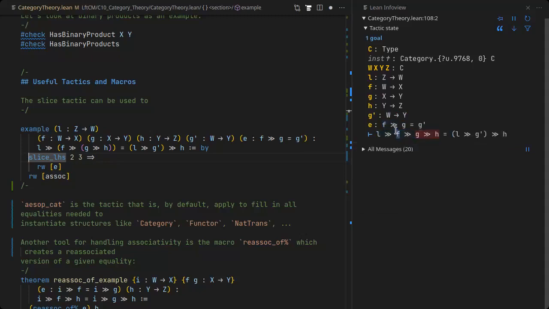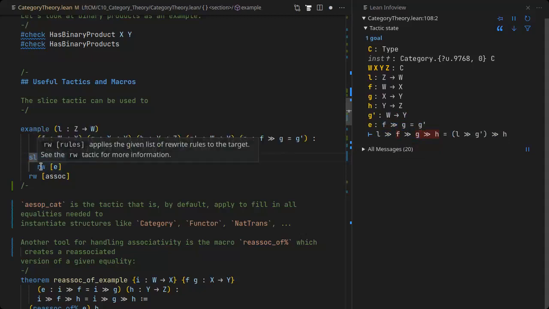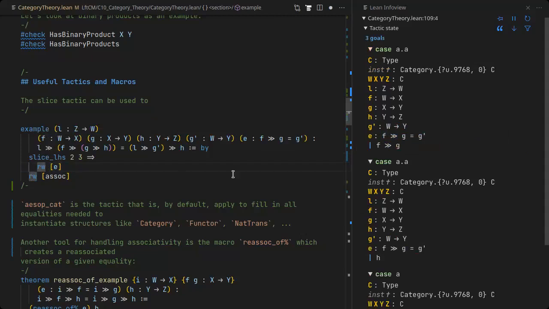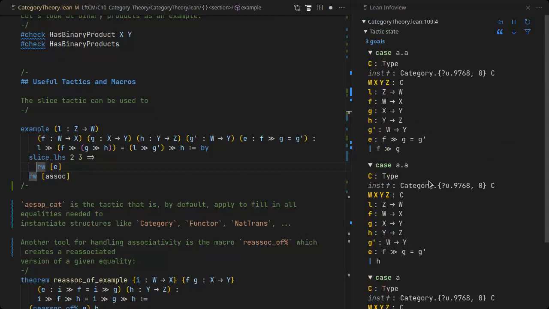If we know we want to focus on, for example, the second till the third morphism in that chain, we could do something like slice LHS 2 3, and it will automatically reassociate the left-hand side and present us with this new goal, where now the turnstile has turned into a pipe, and we can use a limited set of tactics to modify that bit of the actual goal.